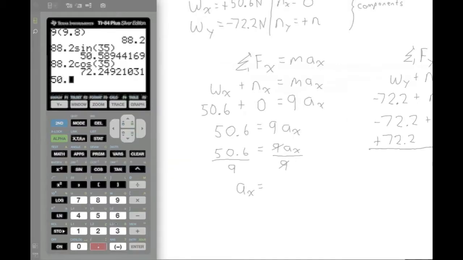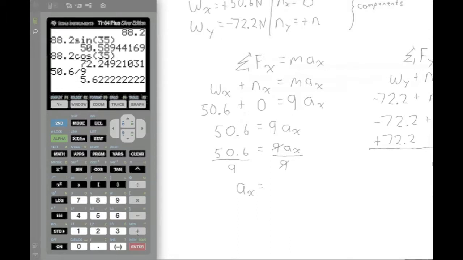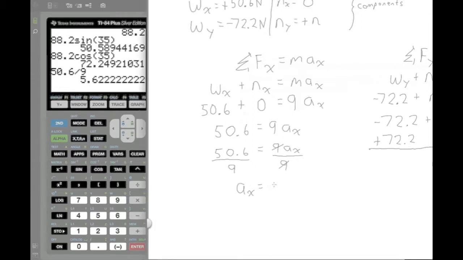We have to do the calculation 50.6 divided by 9. So that comes out to be 5.62. I guess I'll just round that off to 5.6.